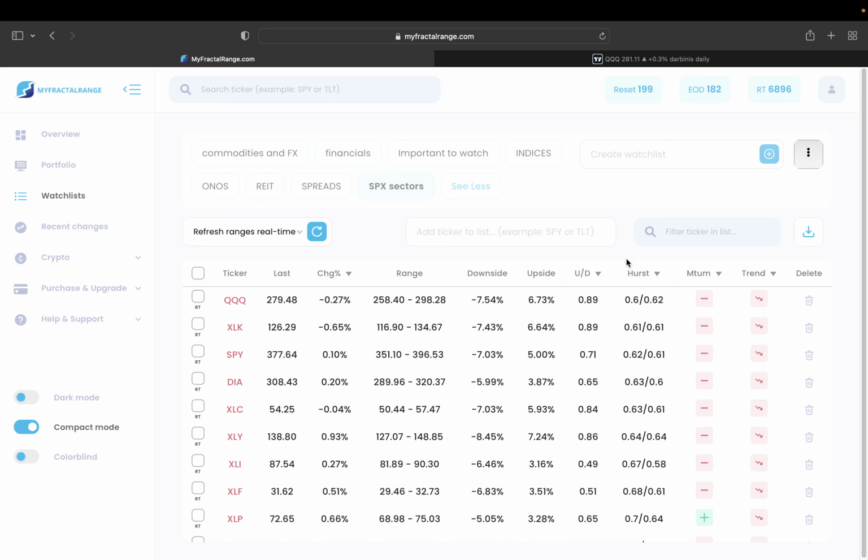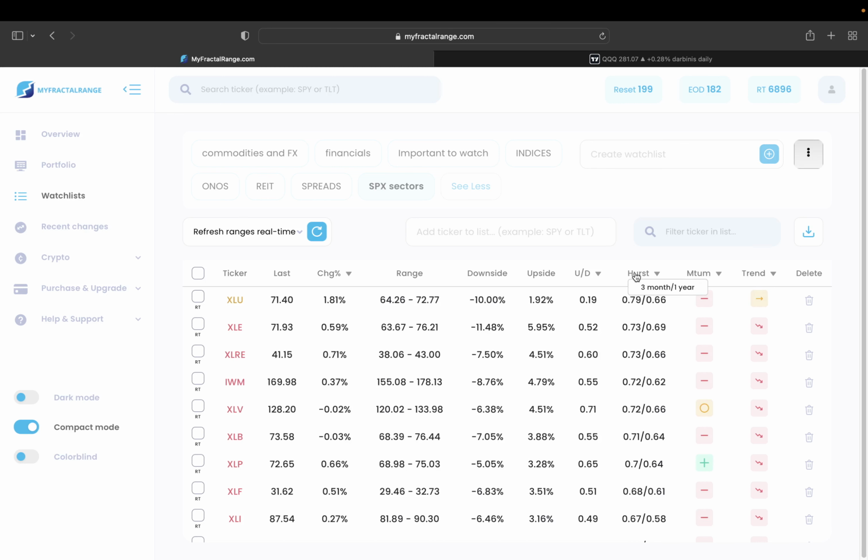So in my opinion, the easiest way to understand the Hurst exponent is to think of it the following way. Let's say, as an example, the 3-month Hurst on XLU is 0.79. My translation of this number would be that, based on 3 months of data, there is a 79% probability that the next trading day XLU will go in the same direction where it went today.